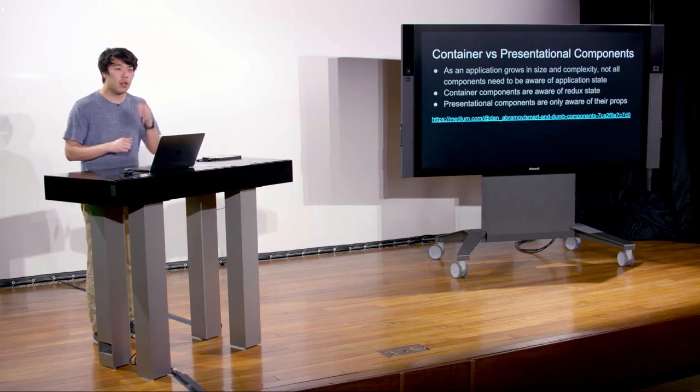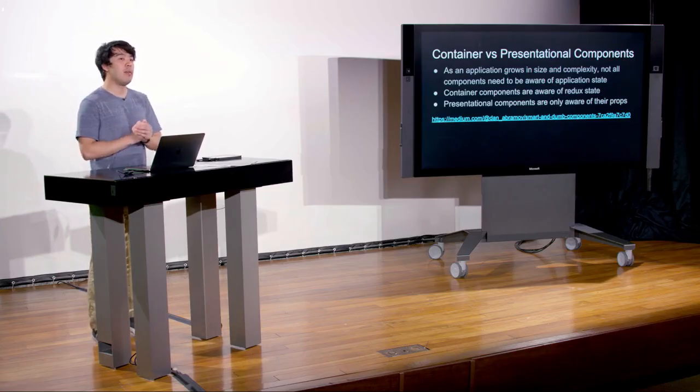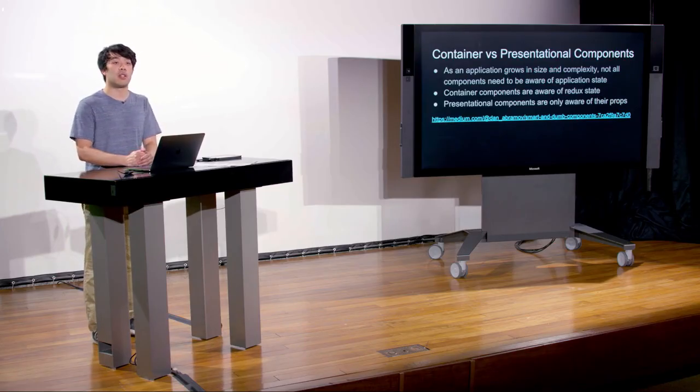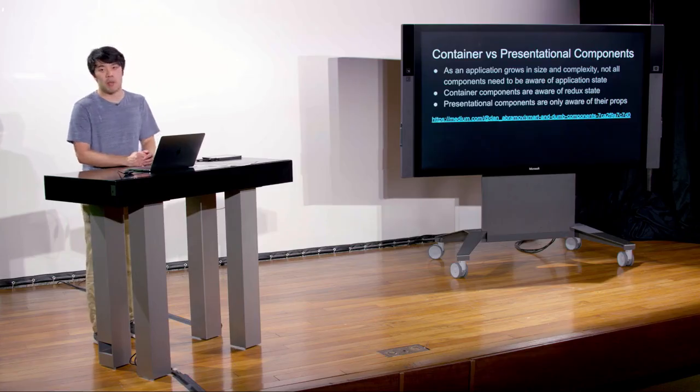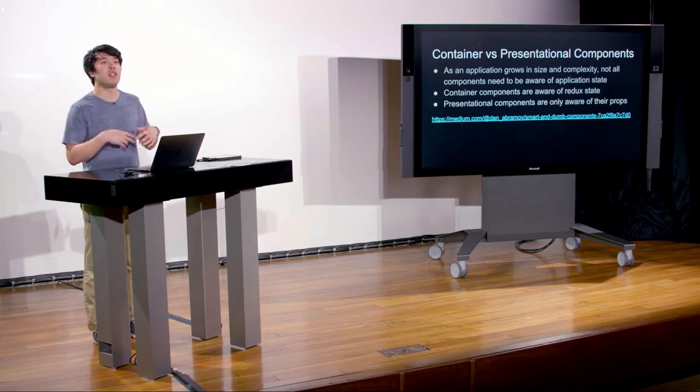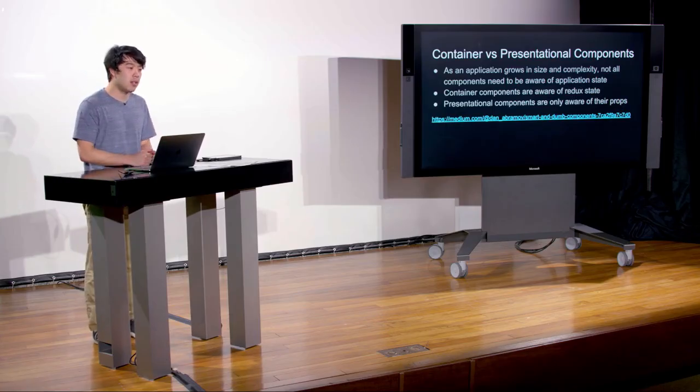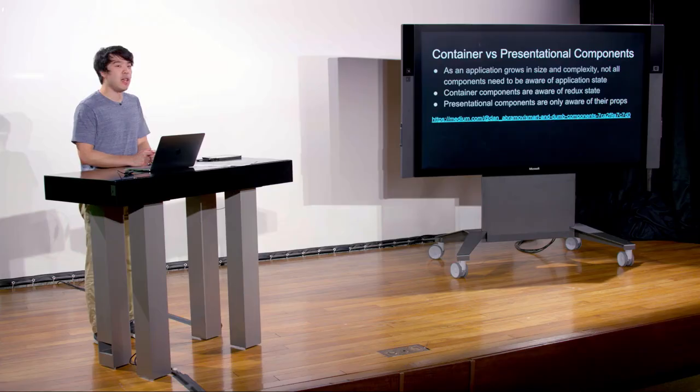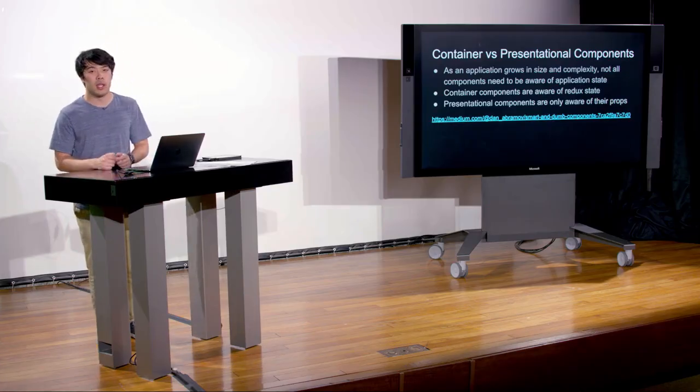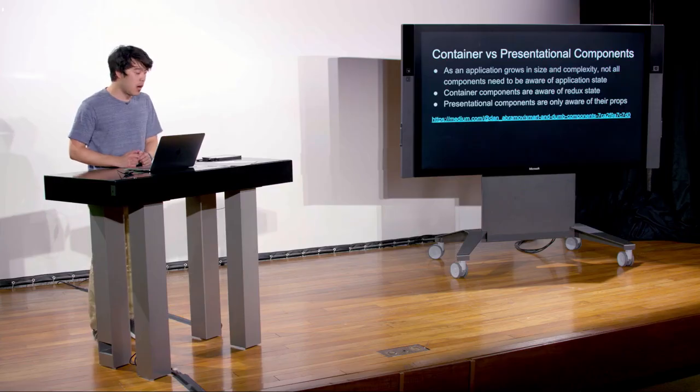It should be looking to its parent to pass the data down to it. Whereas if I have a whole screen where maybe the screen does care about the Redux state because it needs to handle things like navigation, or needs to handle listening to the state and passing it down to its child components, that's when something should then listen to the Redux state. And so I highly encourage you to go read this blog post.